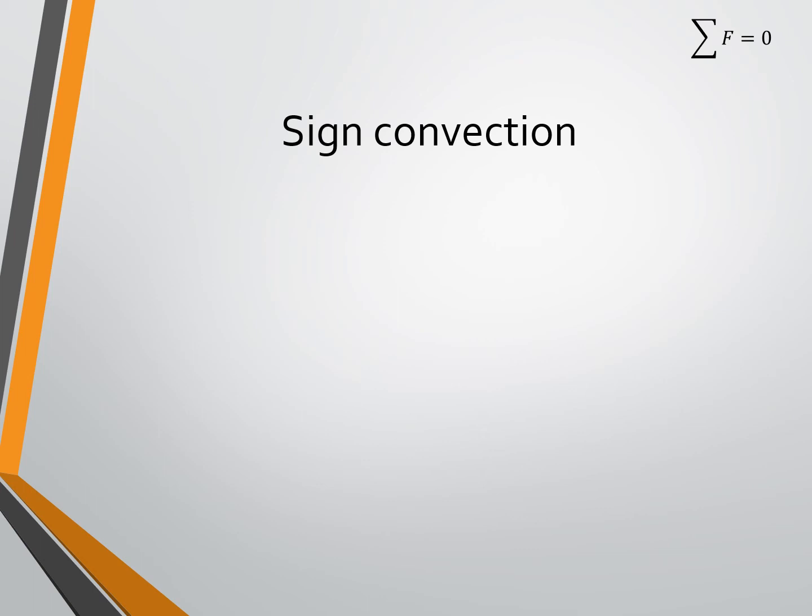So let's look at left and right first. So this is just 2 arrows. I have one pointing to the right and the other one is pointing to the left. Normally, we like to say right is positive.